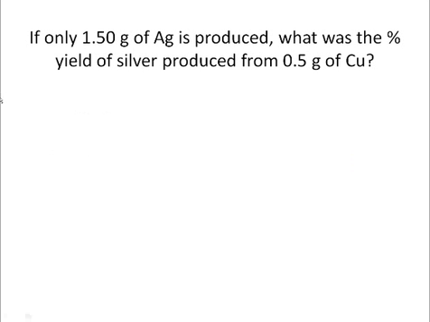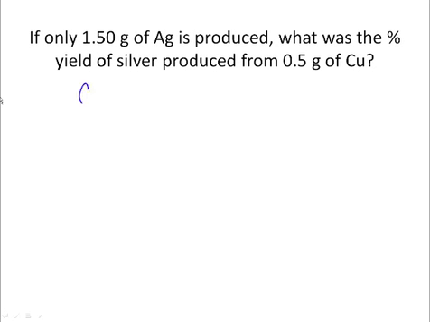Alright, so we're going to do an example from our copper silver nitrate lab. If only 1.5 grams of silver is produced, what was the percent yield of silver produced from 0.5 grams of copper? We have to put in our balanced equation here to calculate our theoretical yield. So we're going to use the balanced equation that we had for that lab.